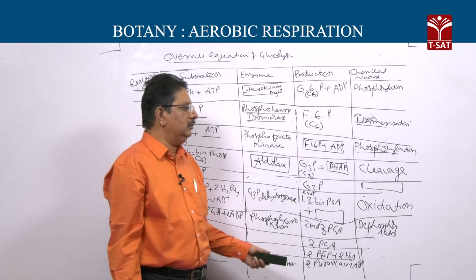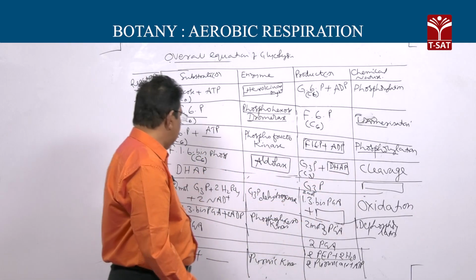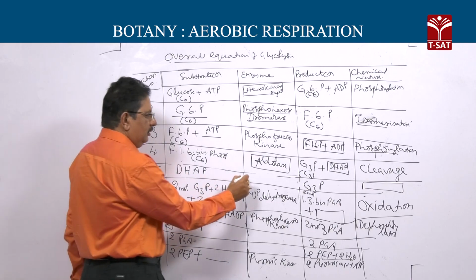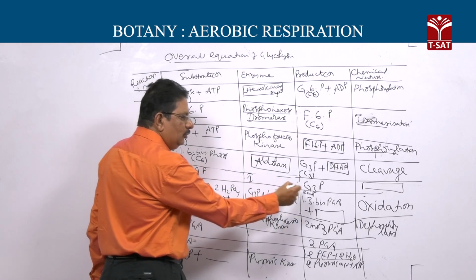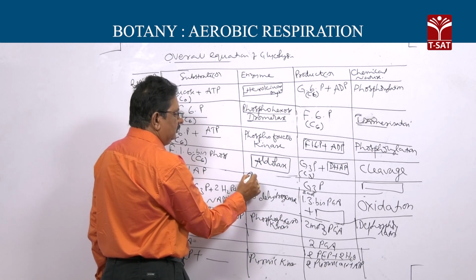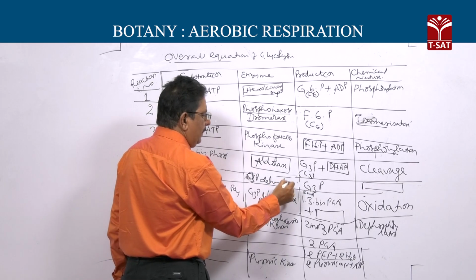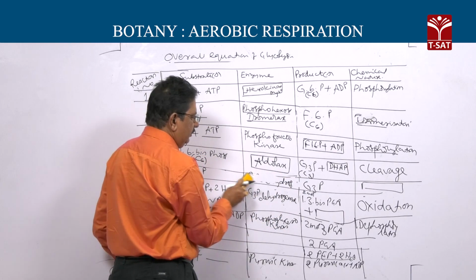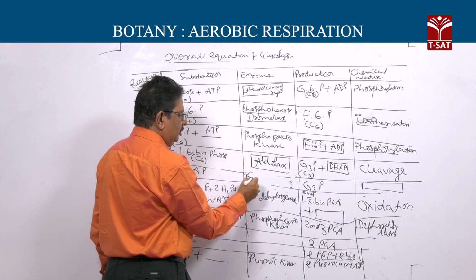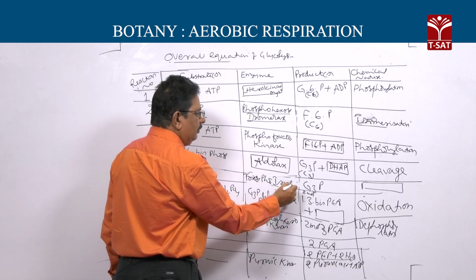So splitting, more literally cleavage, and then this DHAP is going to be converted into G3P in the presence of G3P isomerase, otherwise triose phosphate isomerase.